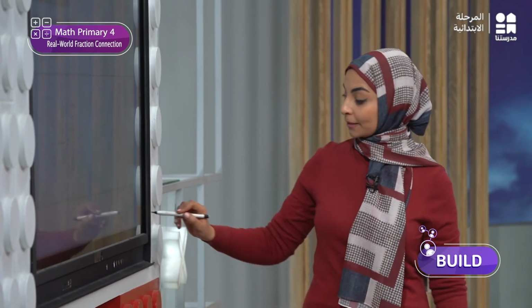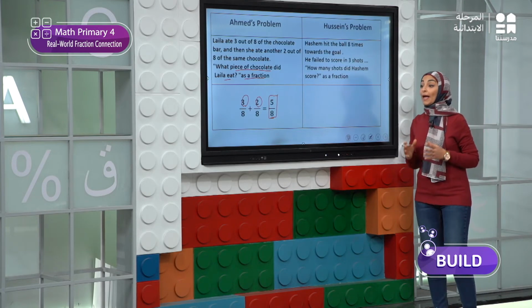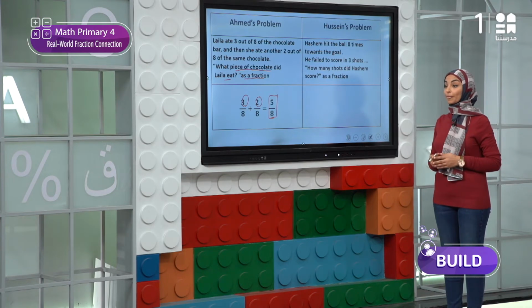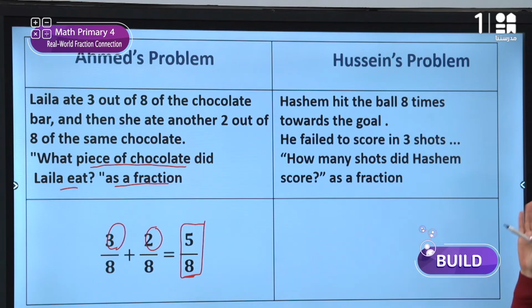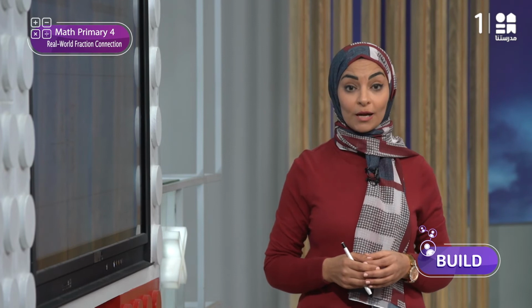كان عنده بروبلم تانية، هي البروبلم بتاعت حسين، بتقول that هاشم hit the ball 8 times towards the goal but he failed to score 3 times. He failed 3 times. الكويستشن بيقول لي ايه؟ How many goals did he score؟ لما حسنين كان بيحل الكويستشن بتاعه لقى ان هاشم hit the ball total 8 times, right?